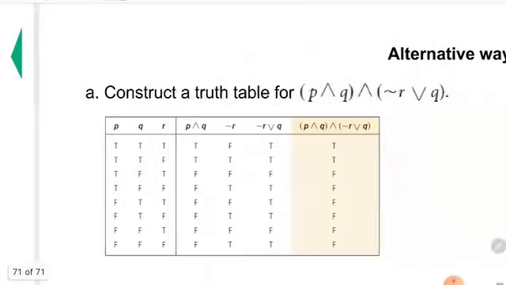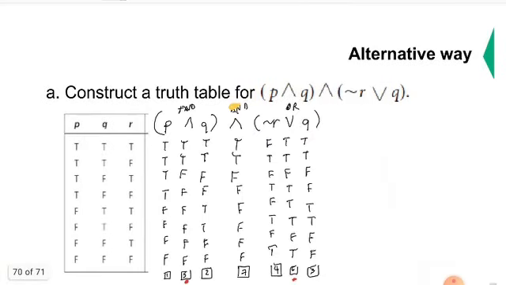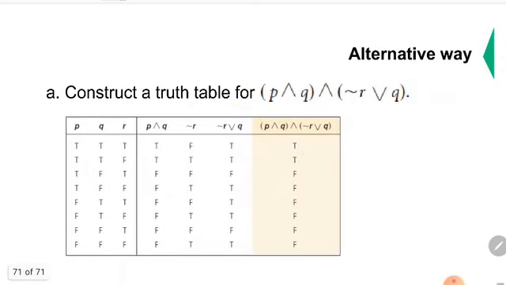True. The rest is false. Yes, we got it. Okay. Same. That's the end. Okay, I hope you were able to learn how to do the truth table. Practice with the given exercises, and I'll see you next week. Bye bye.